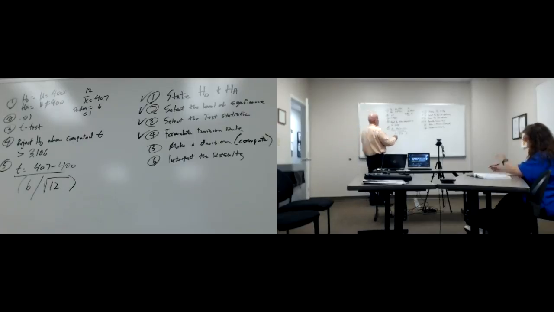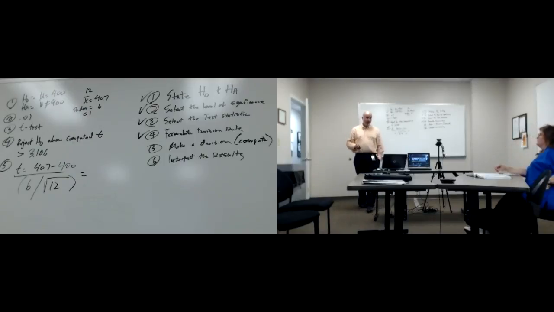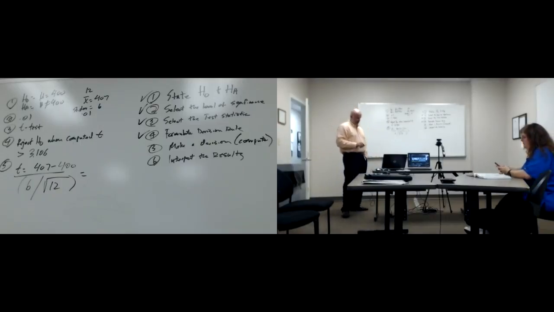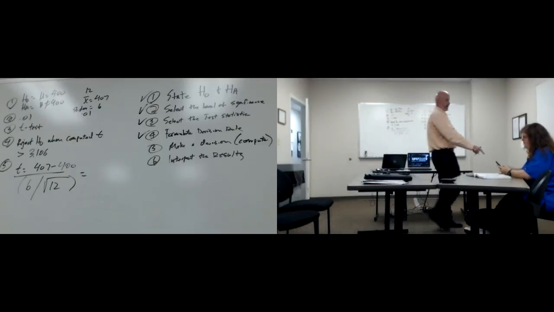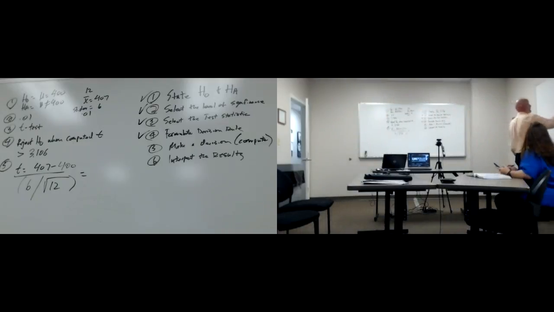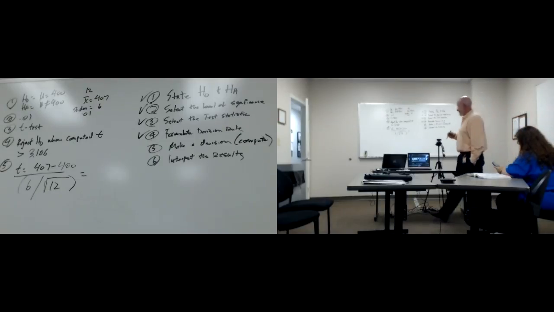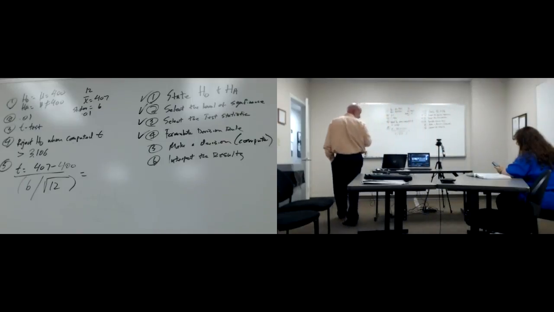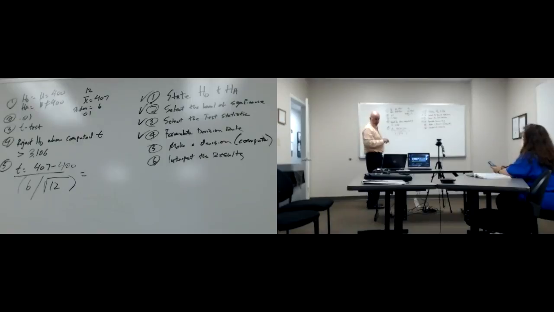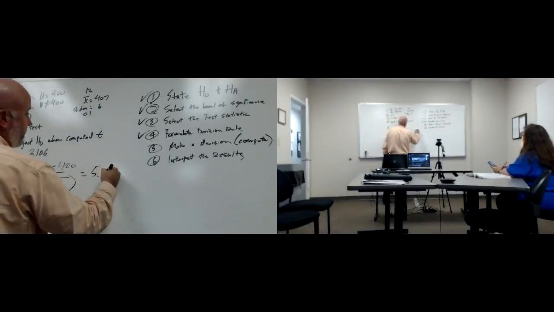Let's compute it out. The square root of 12 is 3.464. So that is equal to 5.04.